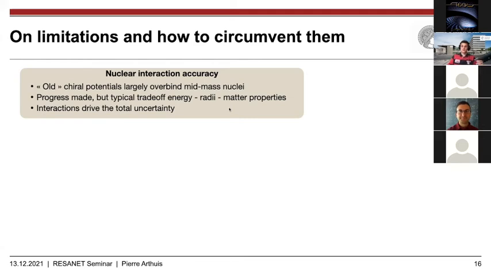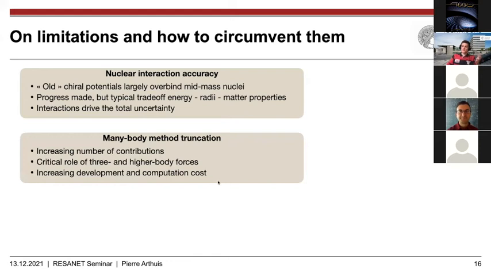As I've discussed, some progress has been made, but we still typically have some trade-off between reproducing the energy, reproducing the radii, and reproducing nuclear matter properties. And there aren't really Hamiltonians that are able to nail the three quantities at once now. And at the moment, at least, the interactions are what drive the total uncertainty of our results within the ab initio community.